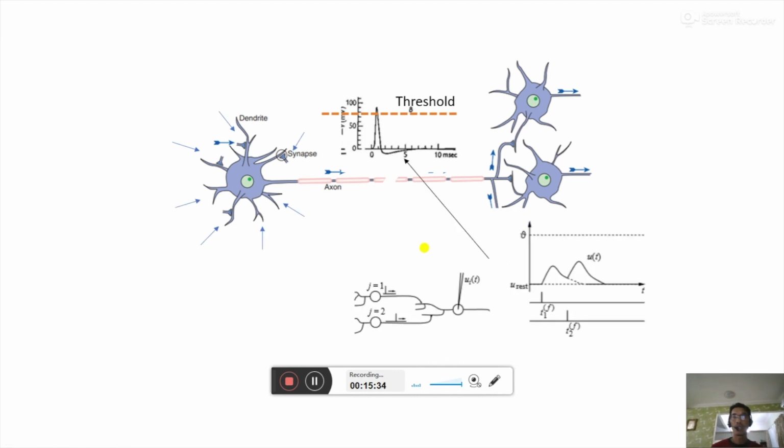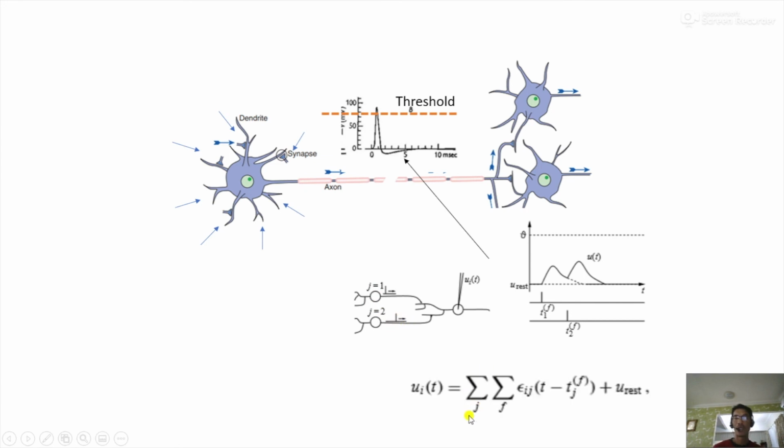And one important thing is the summation of the signal. Okay, signal J. One synapse happens at a neuron, and you have J1 and J2. So J1 and J2 will be summed.